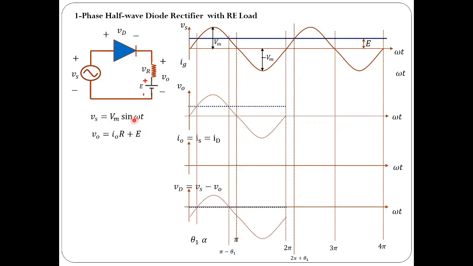And once this input voltage becomes more than the battery voltage, the diode is going to be forward biased. So the diode starts conducting, and the current through the resistor is not going to be 0 in that case. The voltage across the load is the same as the source voltage, because when the diode is conducting, the voltage across it is 0. So once the diode starts conducting, the voltage across the source is the same as the load voltage. So keep this in mind.